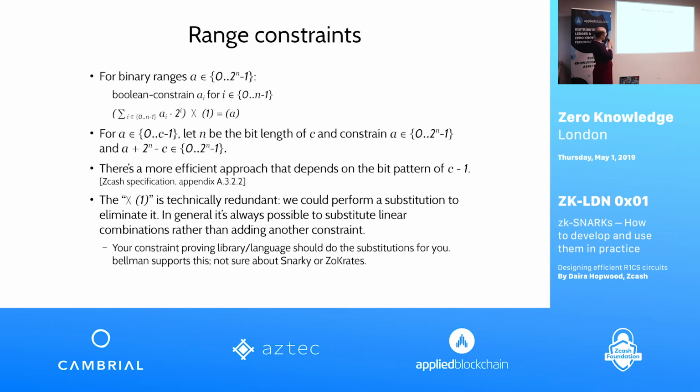So another common operation that we might need is constraining an integer to a range. For example, suppose you want a transaction to balance. So you want to prove that the inputs sum up to the same as the outputs, so that you haven't destroyed or created any money.